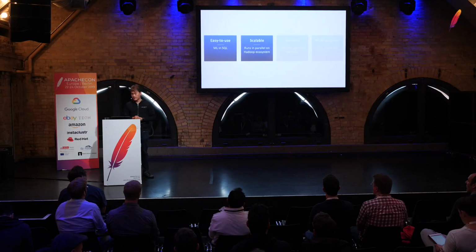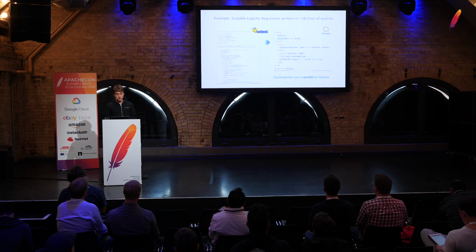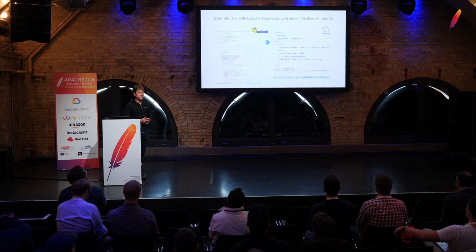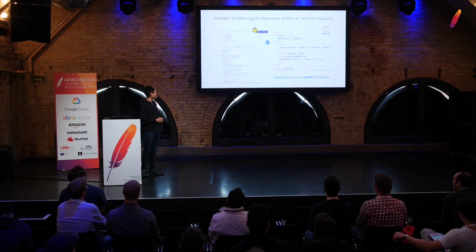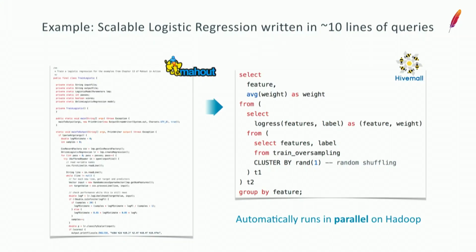In terms of ease of use and scalability, like I showed, if you need to create a scalable logistic regression model, for example with Apache Mahout, I don't know if you are using that, you have to write hundreds of lines of code to make it possible.